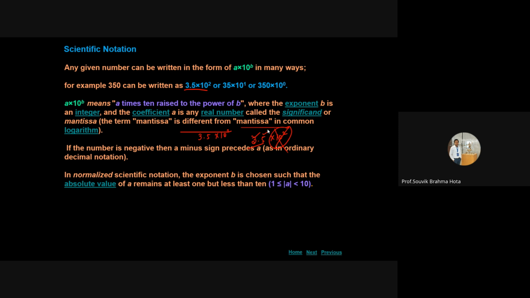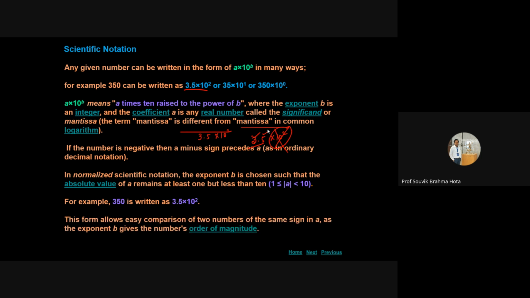In normalized scientific notation, the exponent b is chosen such that the absolute value of a, mod meaning the positive value only, it should not take any negative, remains at least 1 but less than 10. For example, 350 can be written as 3.5 into 10 to the power 2. It should be at least 1.